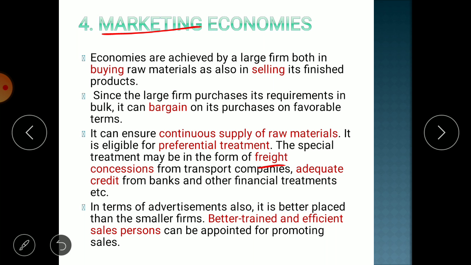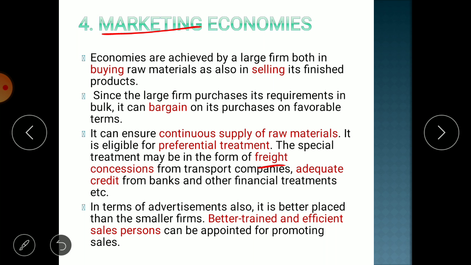It is very difficult. They will not get it easily. Secondly, if they get the loan, the interest rate charged will be high. Why? Because the bank finds more risk in the small firm and less risk in big firms. So the larger firm gets a loan easily, and that too at a lower interest rate.